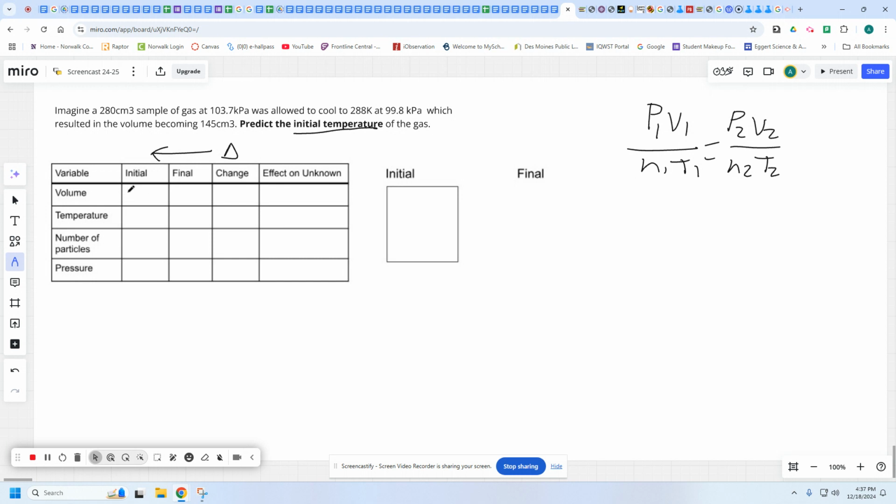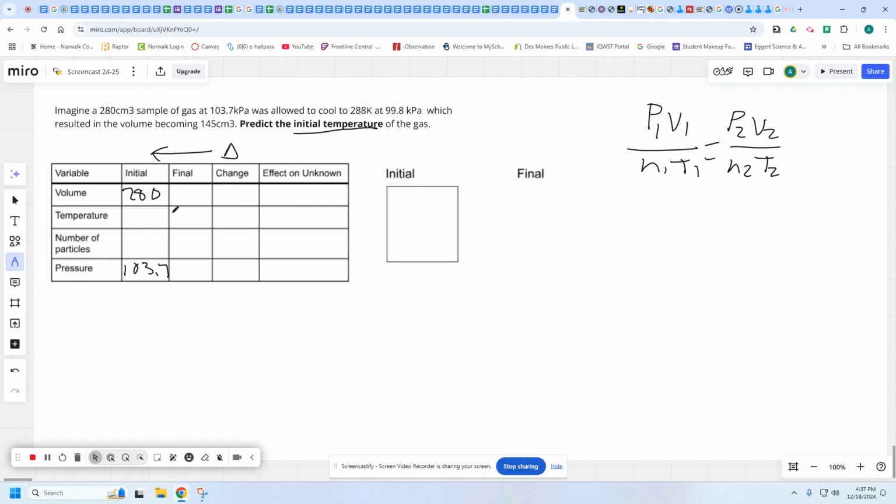So initially we know the volume is at 280 centimeters cubed. And for this organizer, I don't really care about tracking the units, but I will during my unit multiplier. The pressure initially is at 103.7 kPa. We also know that it's allowed to cool to 288 Kelvin.